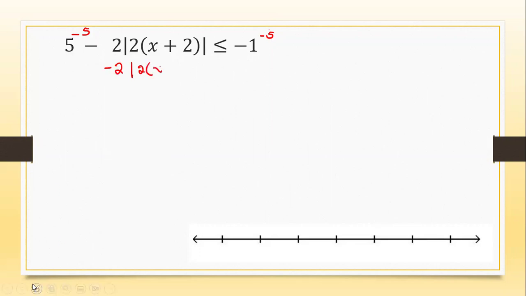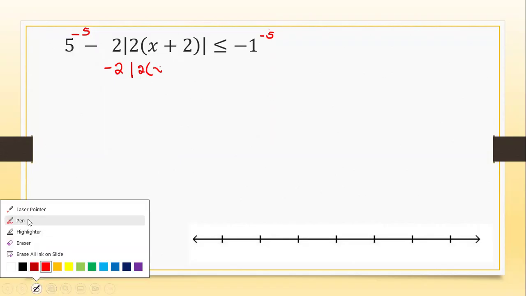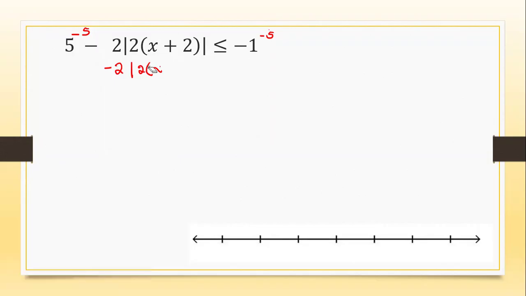Actually, let me expand this bracket while I'm here. 2 times x, giving me 2x. 2 times +2, giving me a +4, which is less than or equal to -1 plus -5, which is -6.